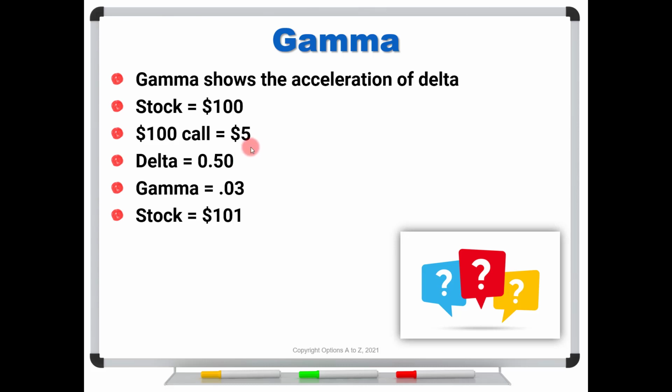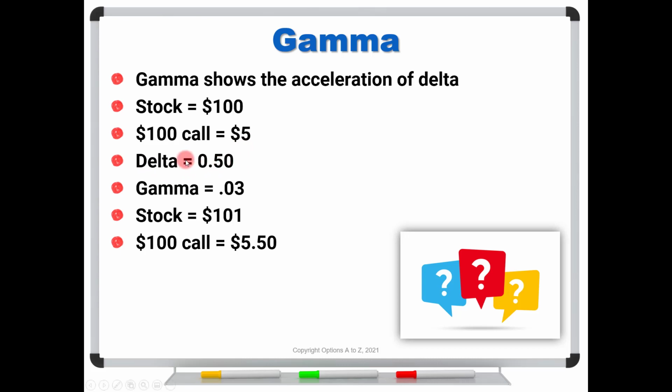So if the stock rises $1 right now, delta says we're going to pick up 50% of that move, or 50 cents. So we would expect that this option's price will move from 5 to 5.50. Notice it didn't move from 5 to 6, which is what a lot of traders think. They'll say, well, the stock rose $1, so my option's price should move $1 as well. And that's not true. Delta simply shows you that connection.